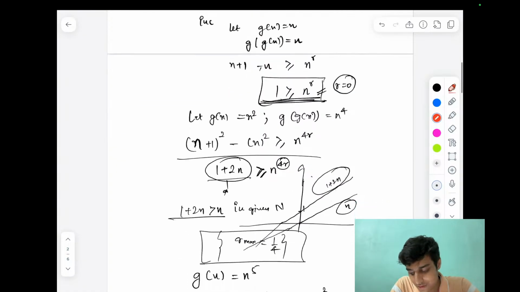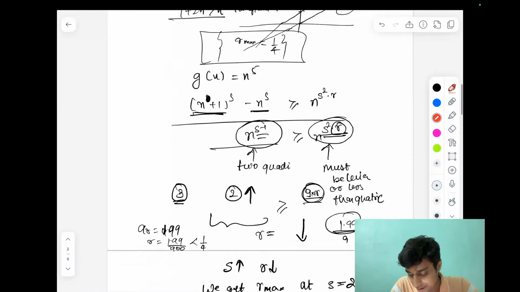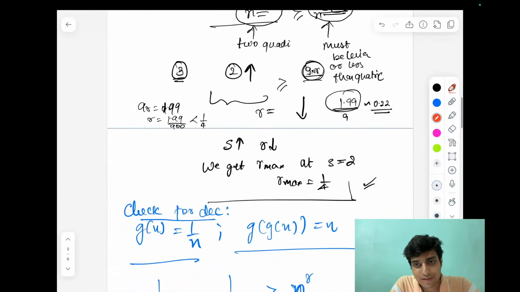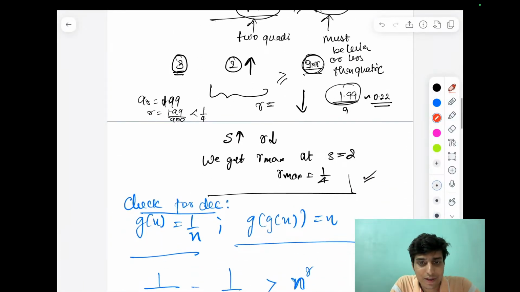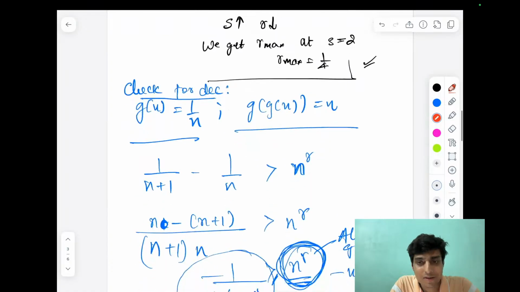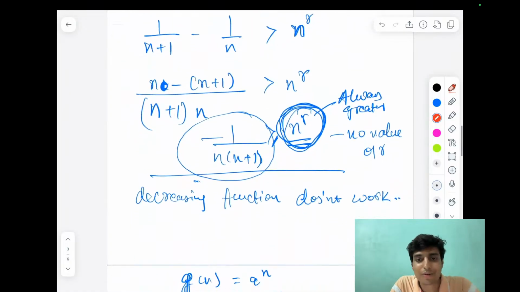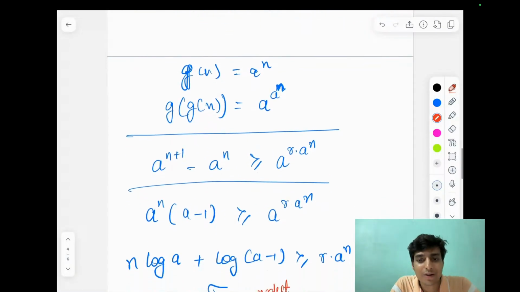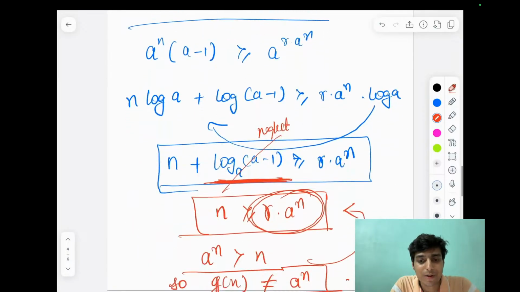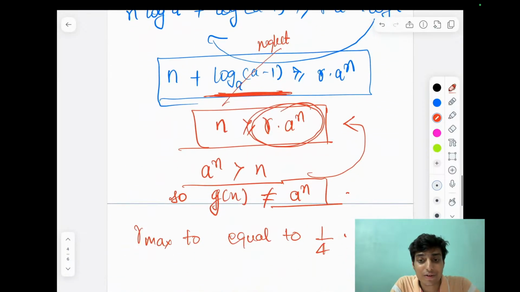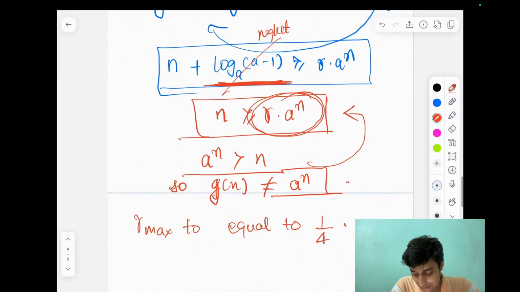Firstly, we checked for n to the power s, and we concluded that our max is at most 1 by 4, it cannot be more than that. Then we checked for the decreasing function, which does not hold true, and then we checked a to the power n, and it does not hold, so our max value comes out to be 1 upon 4.